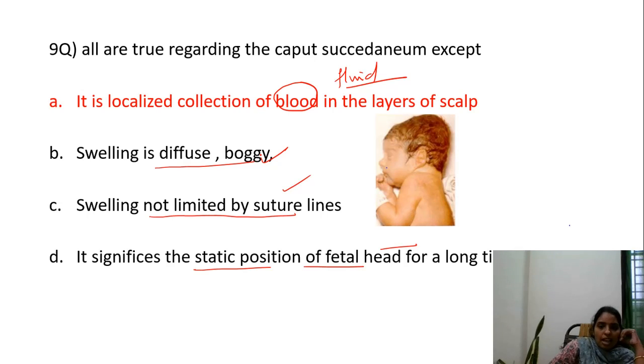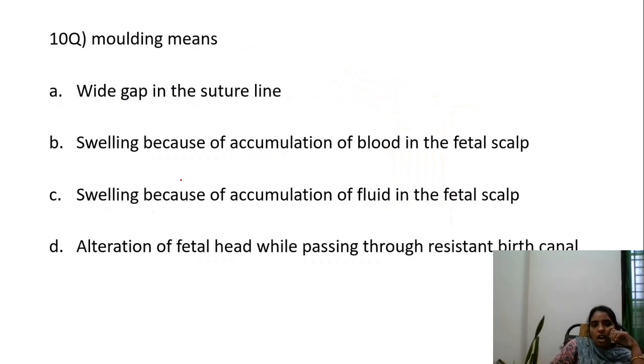Next, as I have said, caput is just a fluid bulging, a cap with fluid. Now, molding: what is molding? Is it a wide gap in the suture line, or swelling because of accumulation of blood in the skull? Blood means cephalhematoma.